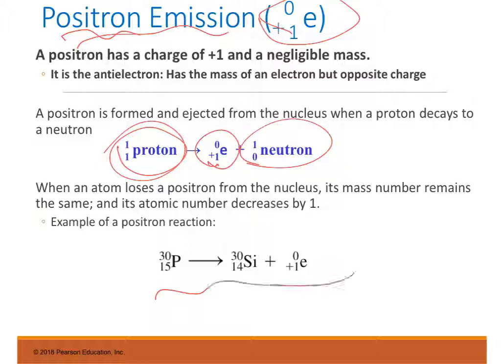So here's a good example of that. So you have lost a proton. So notice how we started with 15 protons, ended with 14 protons. So we've made a new element. And the mass has stayed the same because you've essentially converted a proton to a neutron and they have comparable masses.